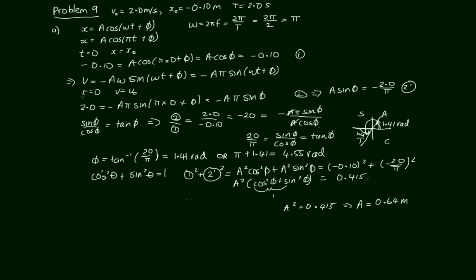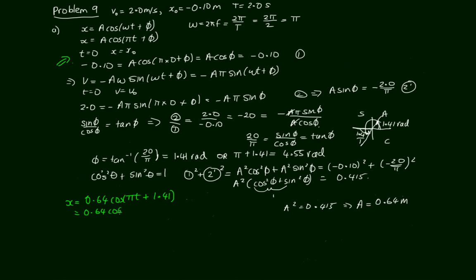Okay, so let's have a look back now to check. Let's check this part here. So we have x is equal to a, which is 0.64, and then that's times cos of pi t plus, well, is it 1.41 or 4.55? If we put 1.41, then we end up with 0.64 times cos.